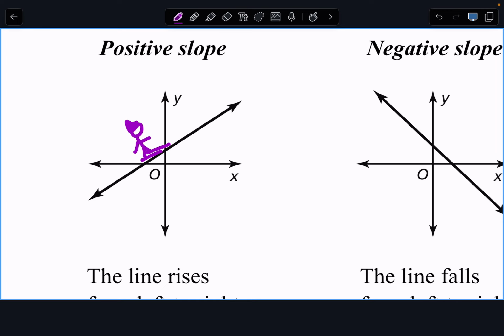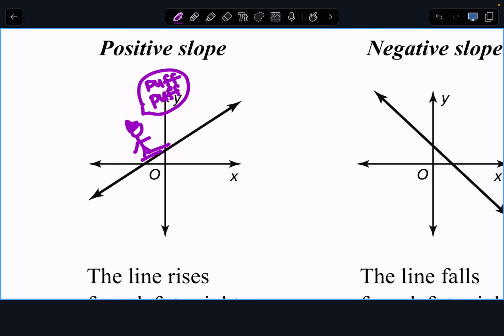Now, if I'm trying to ski on positive slope, how's that going to go for me? I'm going to have to work really hard, won't I? I have to work so hard, I'm going to be making noises. Puff, puff, puff, puff, positive. I have to work really hard.